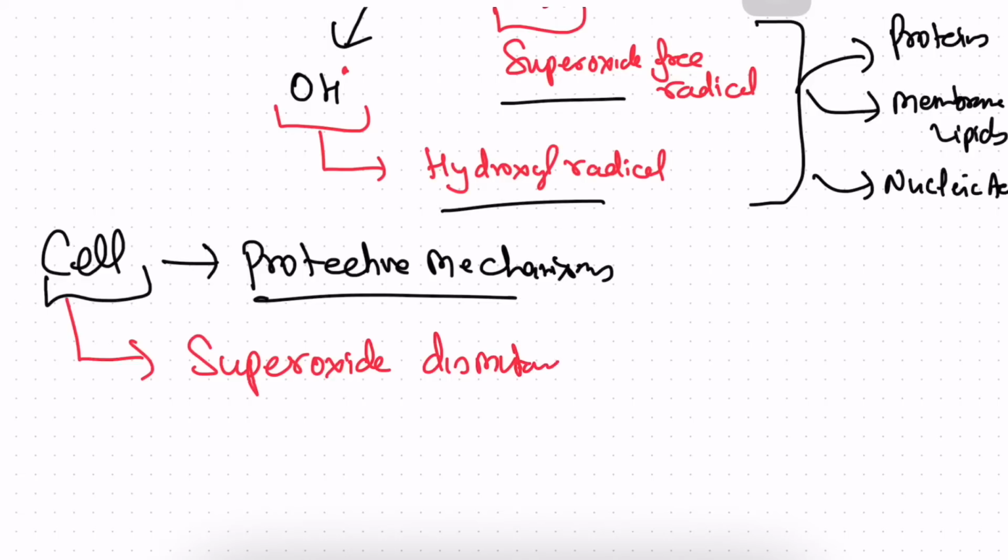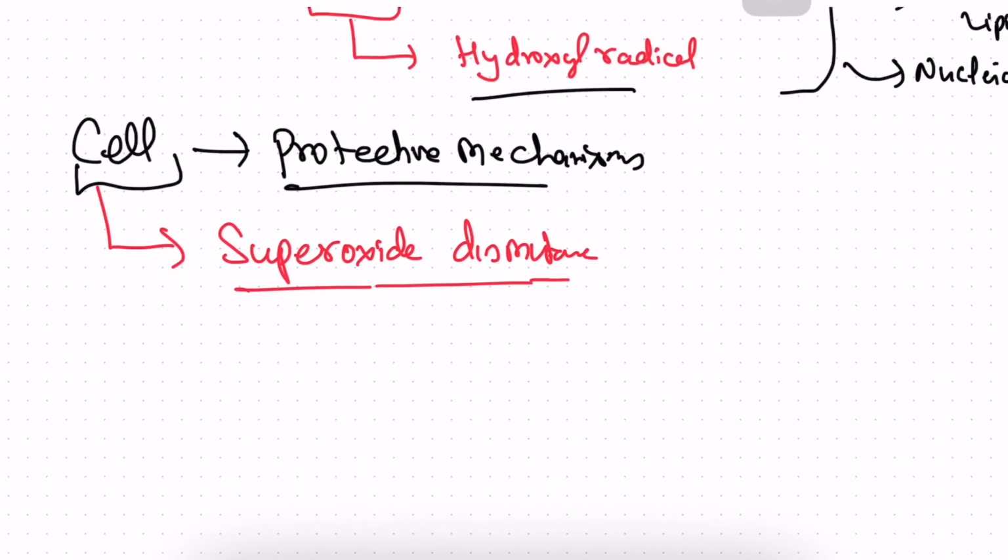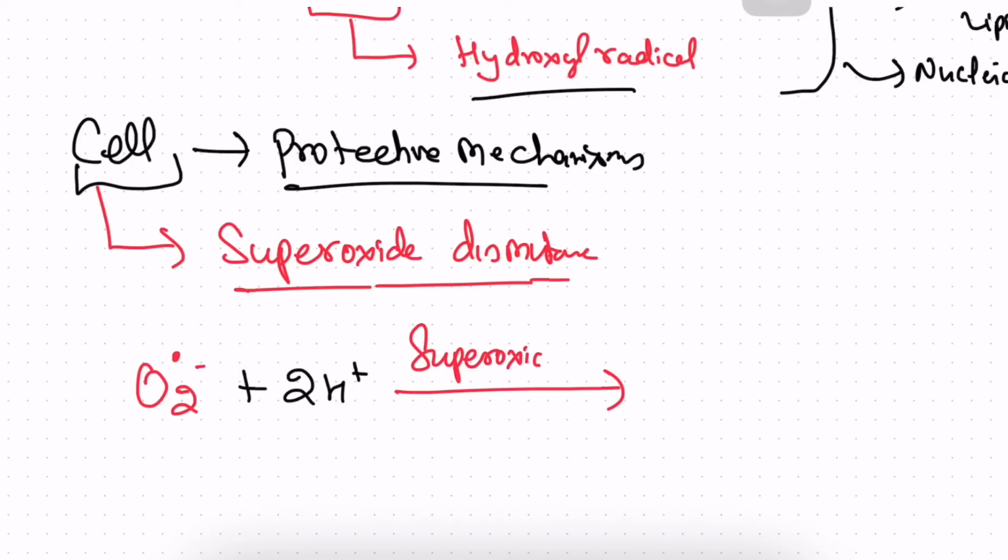This enzyme helps the cell to protect itself from reactive oxygen species damage. Now if you have these oxygen free radicals, they will combine with protons, and this reaction will be carried out by the enzyme superoxide dismutase, and you are going to see the formation of H2O2.